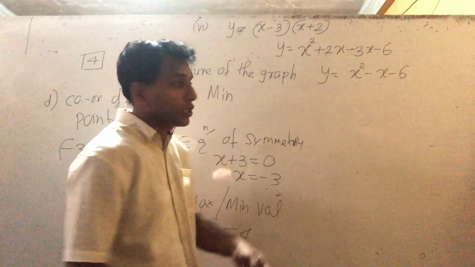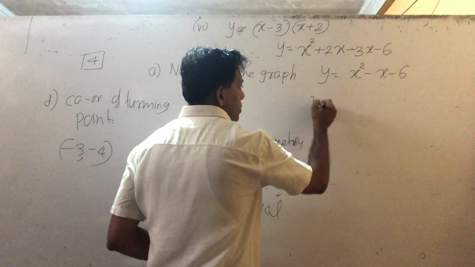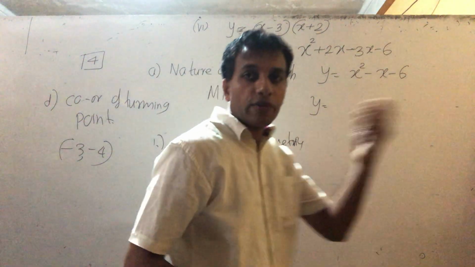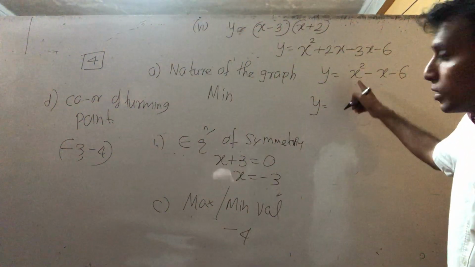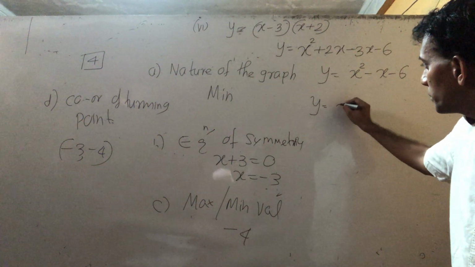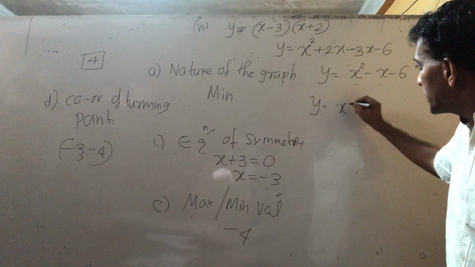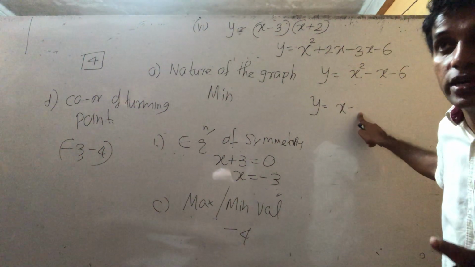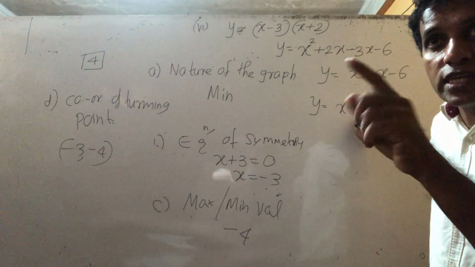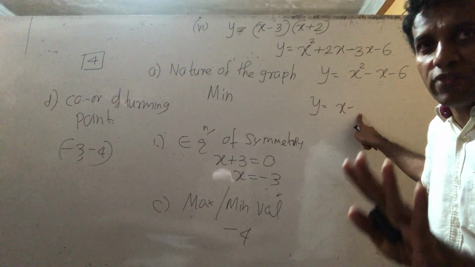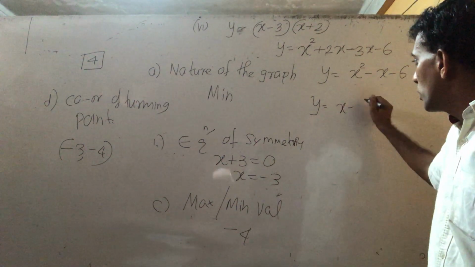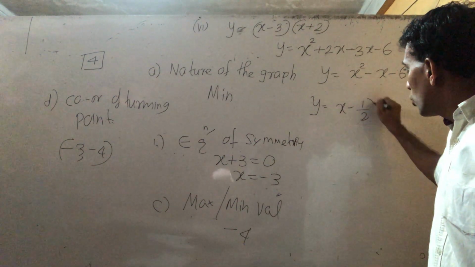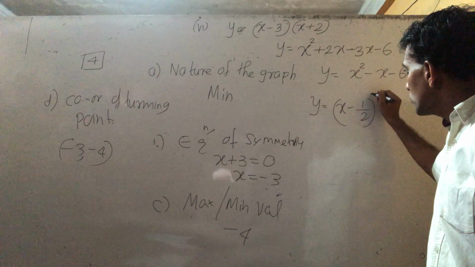Refer to the previous question. y equals, how to write the complete square? Here x minus, here the coefficient is 1, then write the half. Half of 1 is 0.5. Don't write a decimal, a fraction is better than a decimal. Half, all squared.